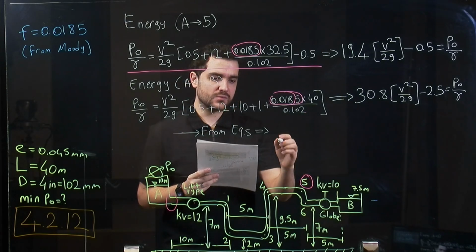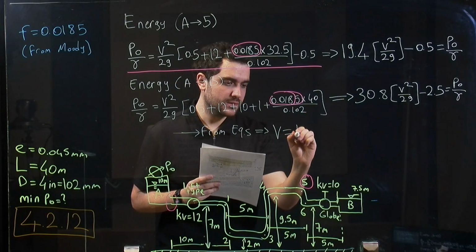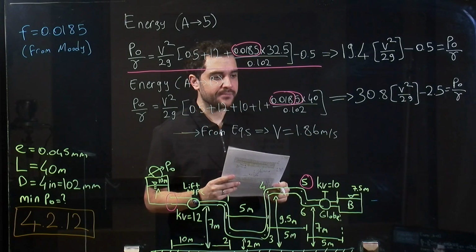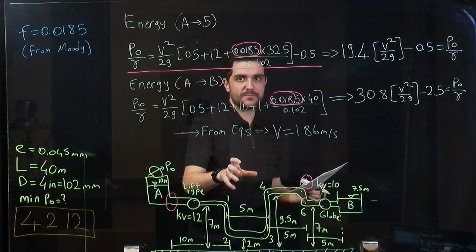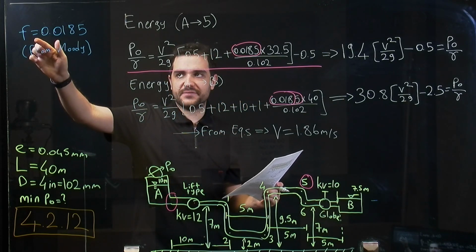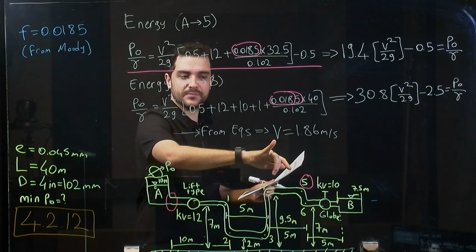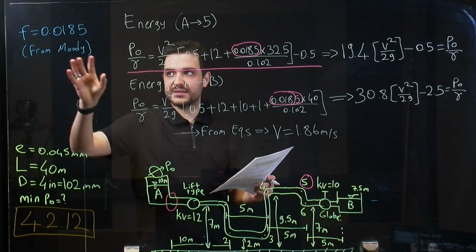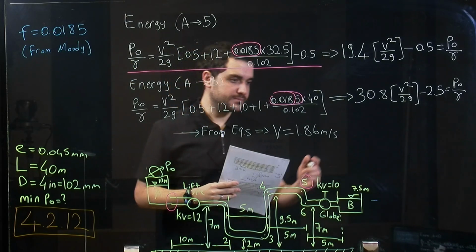And it gives velocity as 1.86 meter per second. So that we calculated the same one, and if you remember, we calculated this friction factor based on this velocity. So since it is still the same, we can say that the friction factor is okay.